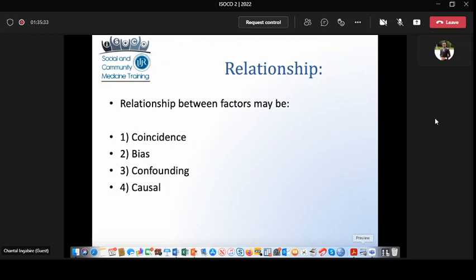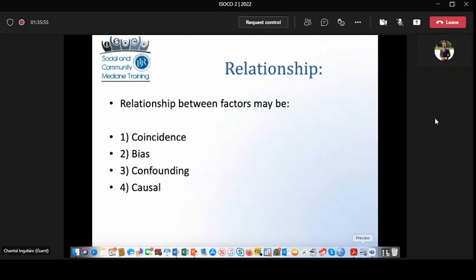It might be that the relationship is just a coincidence. It might be that the relationship is just a bias, that there is no relationship, it's just a bias. But it might also be that the relationship is confounding. And finally, it might be that the relationship is causal.